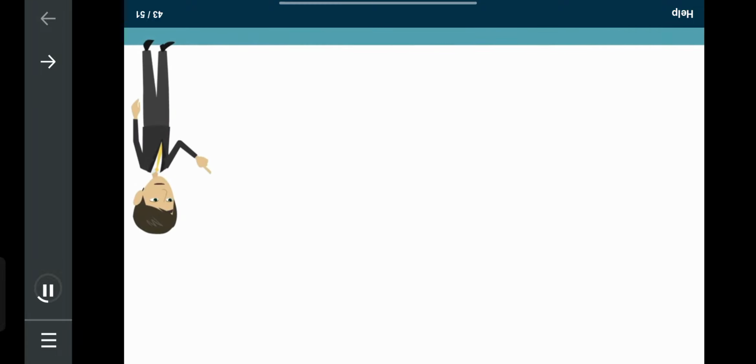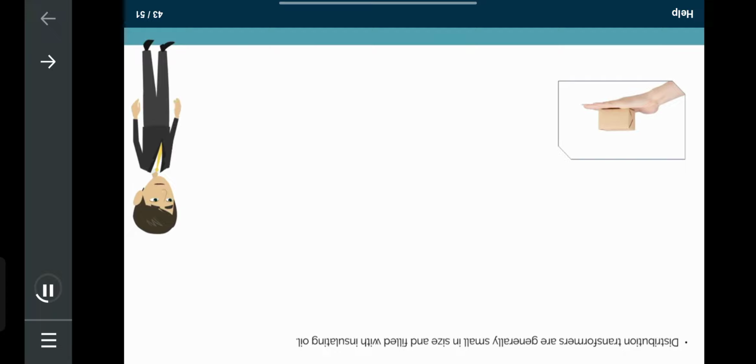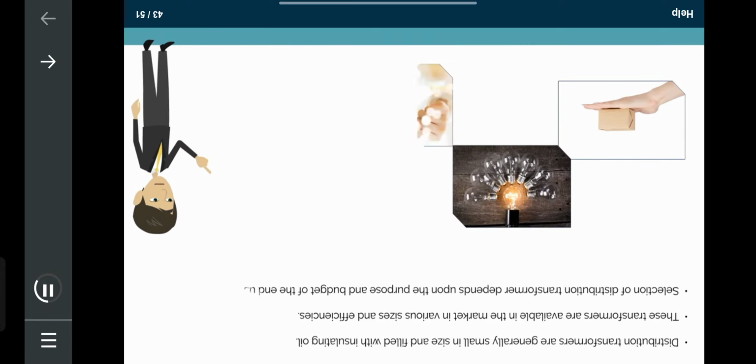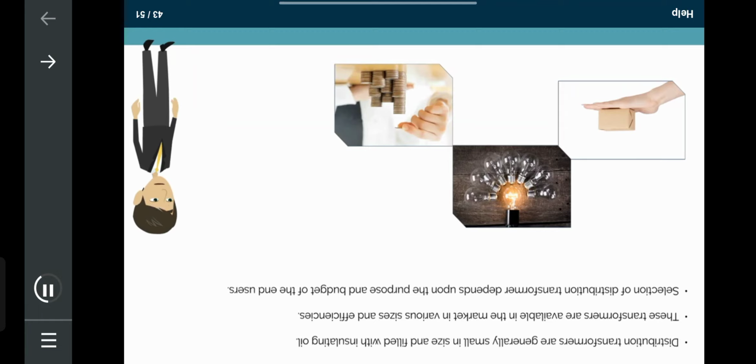Let's learn about distribution transformer. Distribution transformers are generally small in size and filled with insulating oil. These transformers are available in the market in various sizes and efficiencies. Selection of distribution transformer depends upon the purpose and budget of the end users.